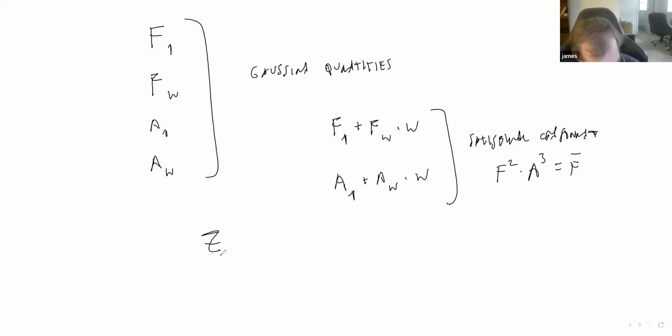So what we want to do is think about something like the Gaussian integers, and think about some homomorphism to a finite field. I'll call it H or something like that.